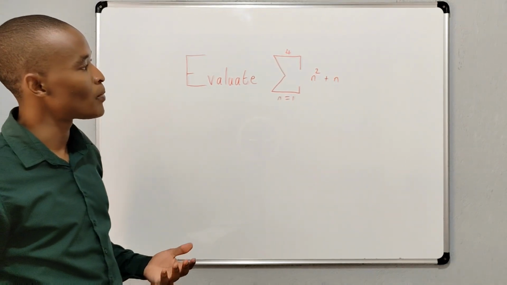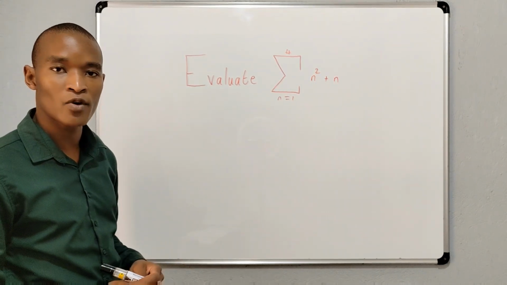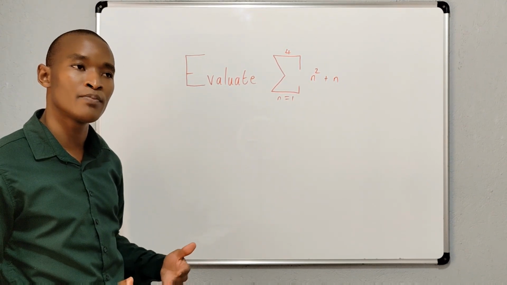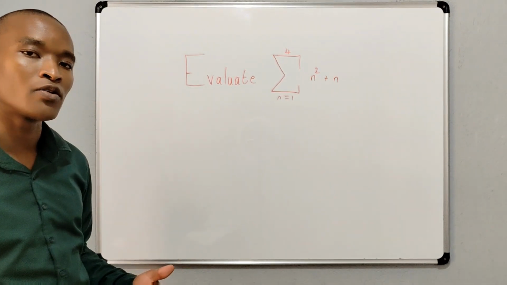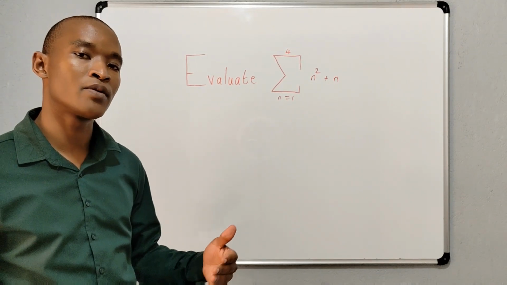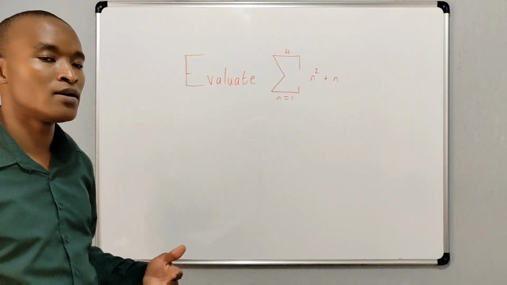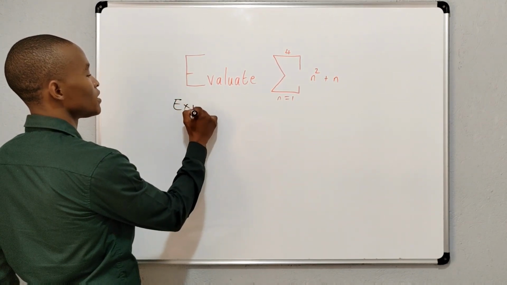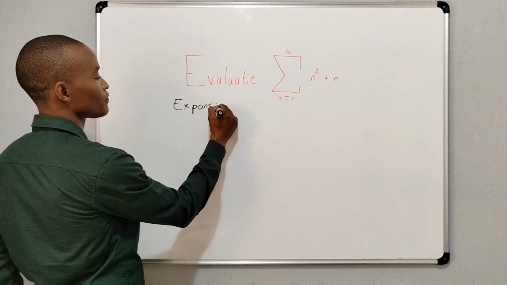So how can we go about providing a solution for this type of question? Firstly, expansion will be a simpler way to allow you to see how the terms are ordered in the sequence itself. So you want to perform expansion here.